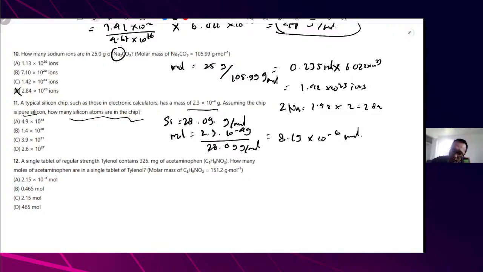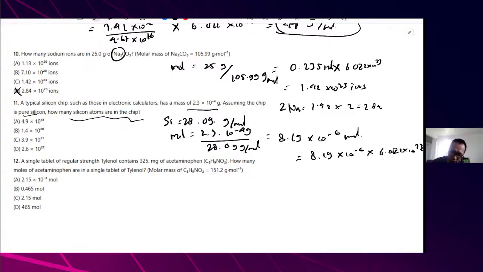And then after that, how many silicon atoms? So just using the number of atoms, 8.19 × 10^-6 times 6.022 × 10^23. So it will be what? 17.